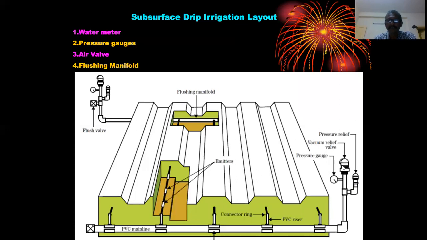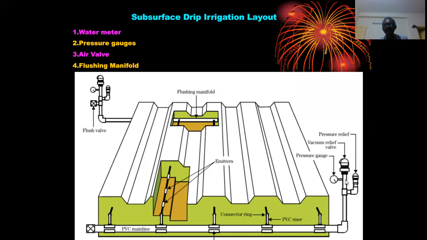And vacuum relief valves, air valves, I discussed in the last class how they function. If air valves are not provided, there is a possibility of soil particles getting sucked into the laterals. So in order to avoid that, one needs to provide vacuum relief valves or air valves.